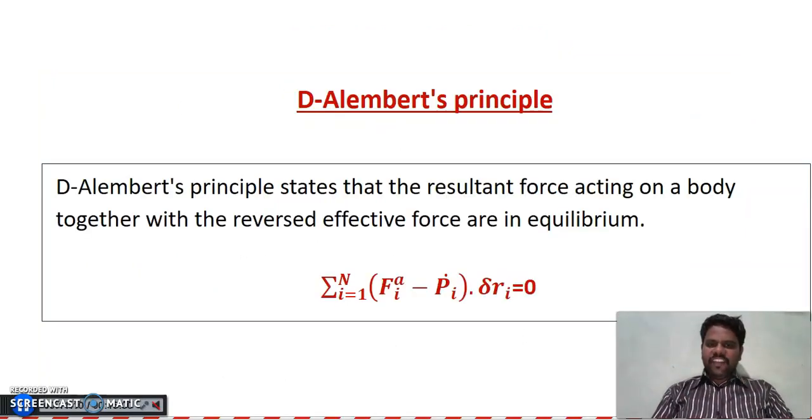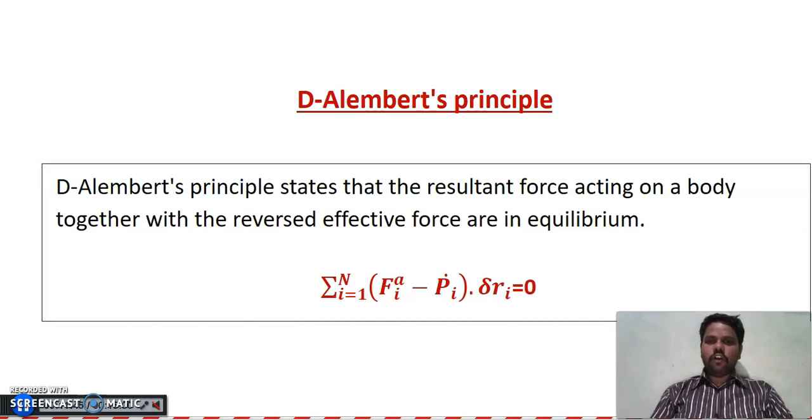So far, we have discussed how virtual work deals with the statics of a system of particles. In general, to describe the motion of a system, D'Alembert developed a principle known as D'Alembert's principle, which states that the resultant force acting on a body together with the reversed effective force are in equilibrium.